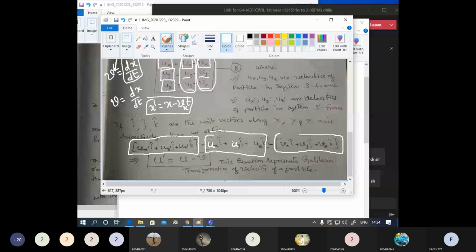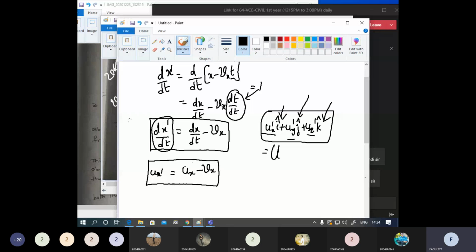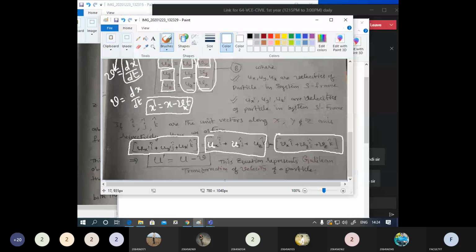Now you are just converting the primes as u prime. Here you need to write this as u prime because we are referring to the second frame. Here u prime equals u minus v.